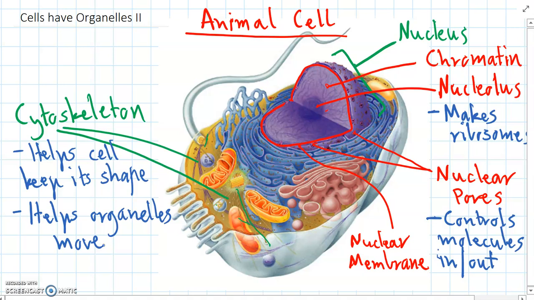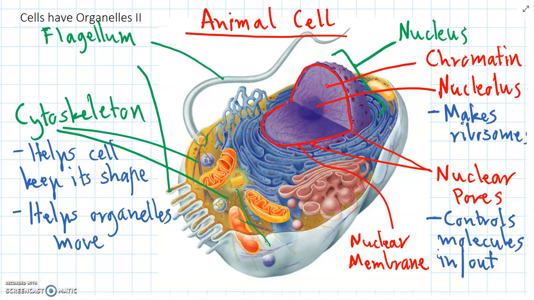Next, we've got some organelles that you can find on the outside of some cells, and these are mainly to help the cell move. The first one is called a flagellum, which is a long, almost like a snake's tail, that moves back and forth and helps the cell move.